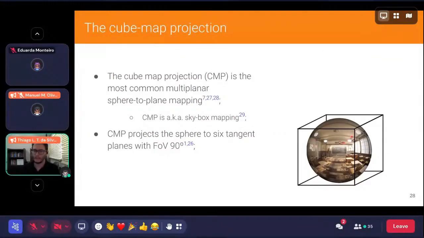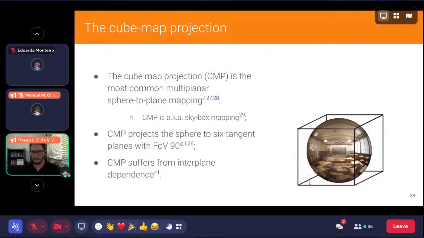Okay. So the basic idea here is that we will squeeze that cube until it touches the sphere, and we use the middle point on each face to draw a plane, and then we project that part of the sphere to that plane. Okay, so this is what we call tangent plane projection.